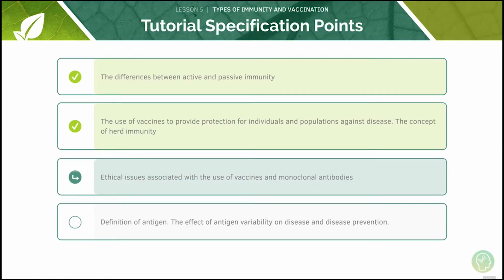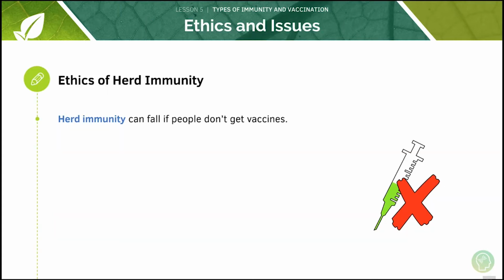Now let's look at some ethical issues associated with the use of vaccines. If individuals in the population begin to lose their immunity by not vaccinating themselves or their children, it leads to the loss of herd immunity. Loss of herd immunity leads to the resurgence of a disease.